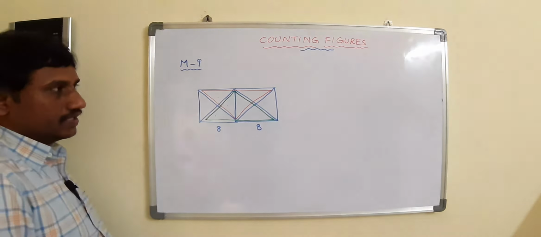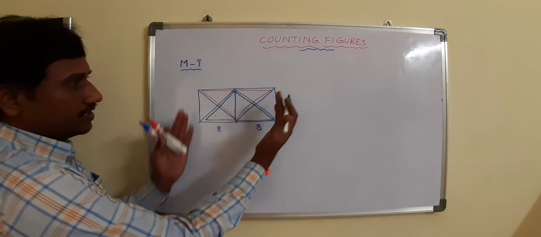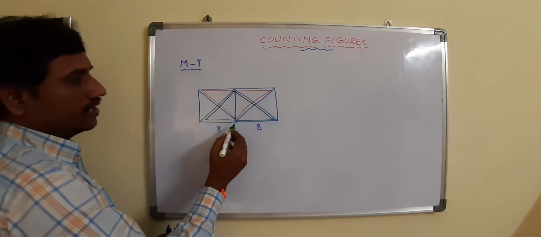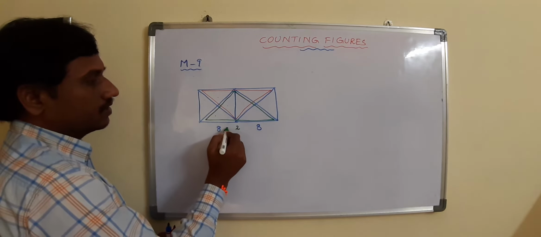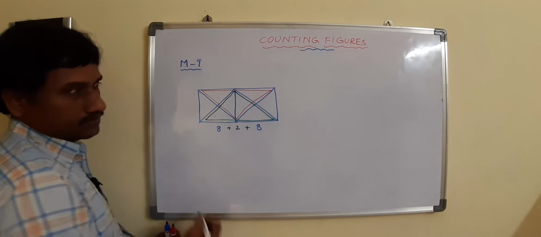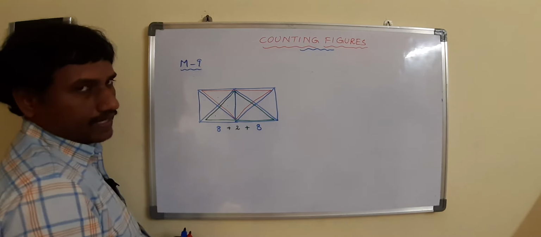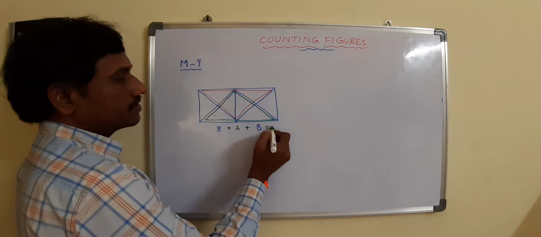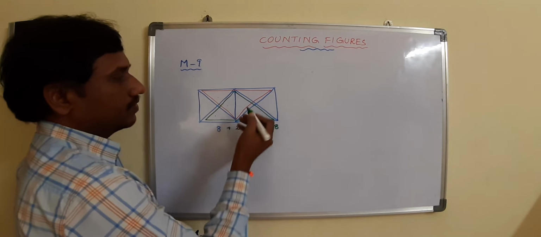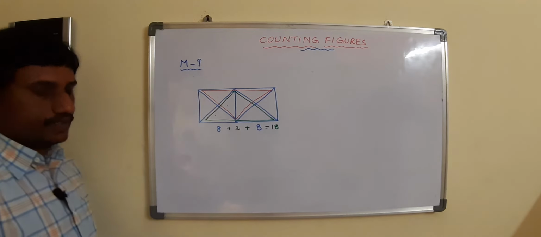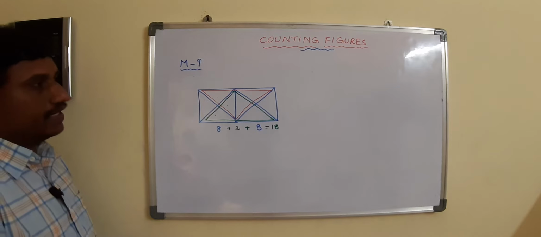Then, because of joining these two squares together, we got two more extra. Then how many in total? 8 plus 2 is 10, 10 plus 8 is 18. So the total number of triangles here is 18.